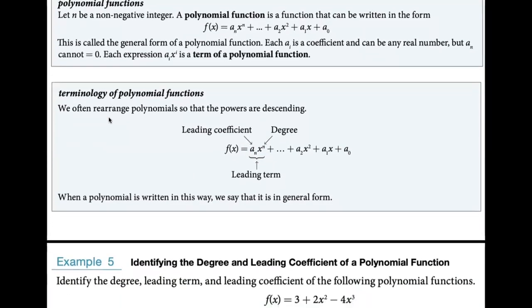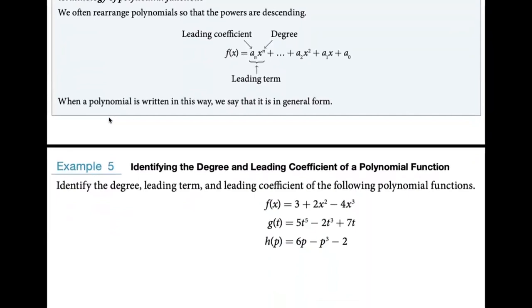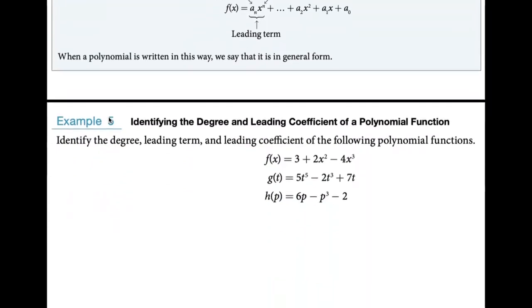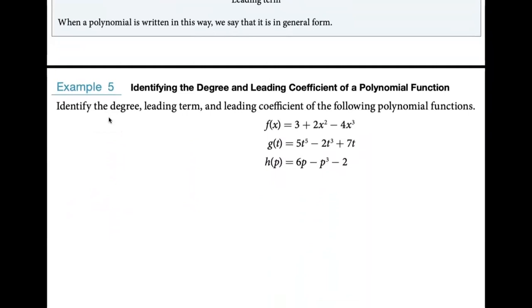So let's look at a few polynomials, and we want to identify their degrees, leading term, and leading coefficient. All right, so f of x. It actually isn't written from highest to smallest degree, so let's rewrite it. So this will be negative 4x cubed plus 2x squared plus 3.